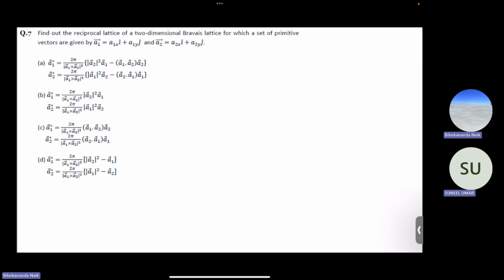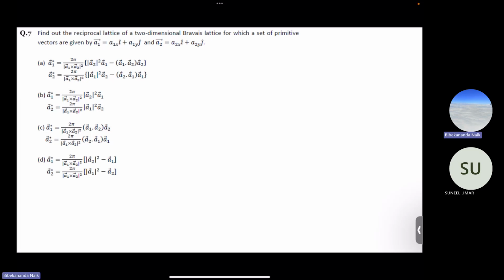The options are A, B, C, D. These are some complicated expressions that will come if you calculate by putting the values of the a1 vector and a2 vector. So these are the lattice parameters in direct space.